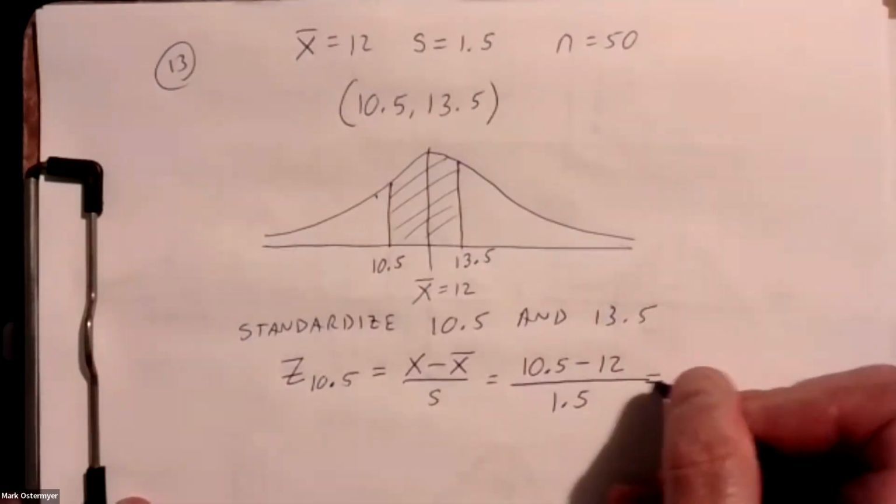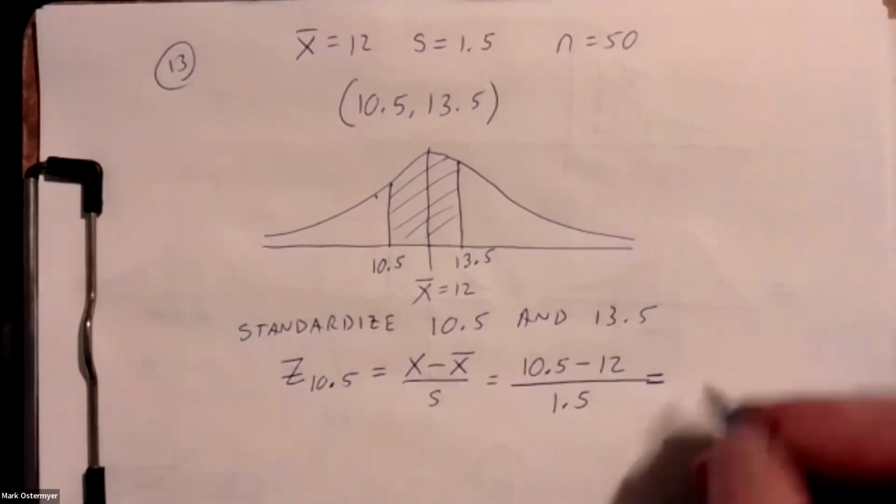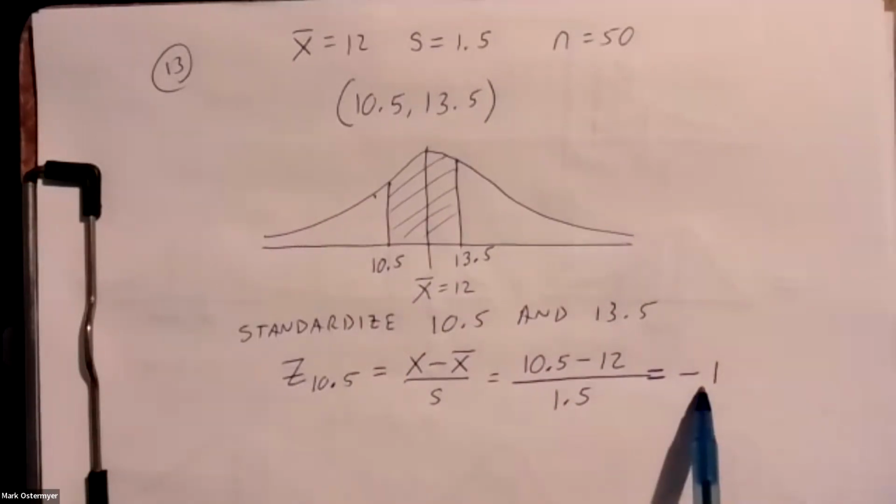Get on your calculator and dial this up. How many standard deviations away from the mean is 10.5? It's -1. So this observation is 1 standard deviation below the mean.